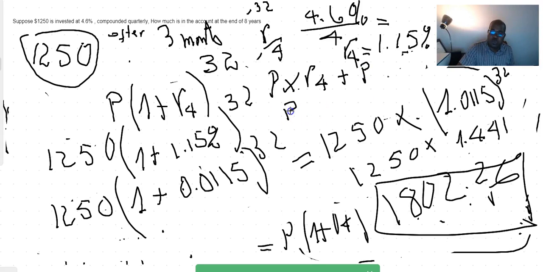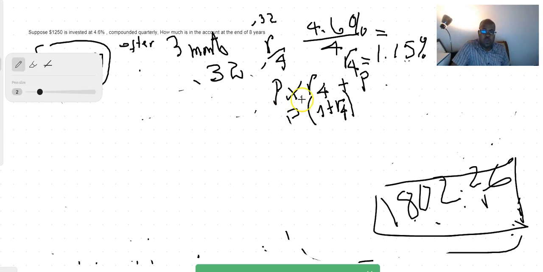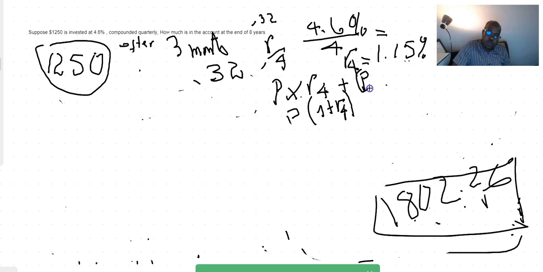That's why we got 1 plus R from the first quarter, because we put it back. What I was trying to explain is that after the first quarter, I have my initial capital plus the interest. That's what I have after 3 months.